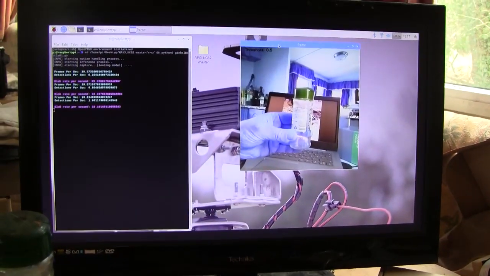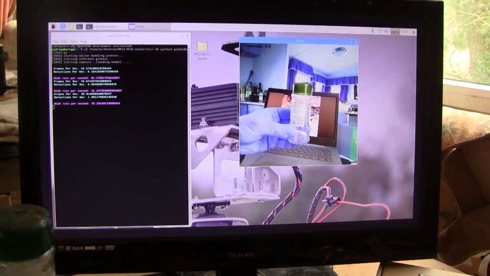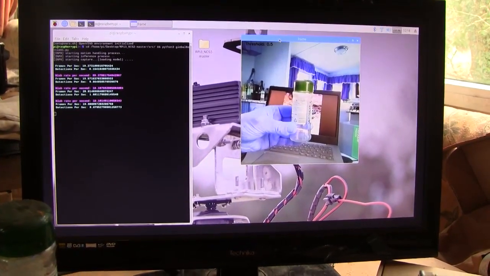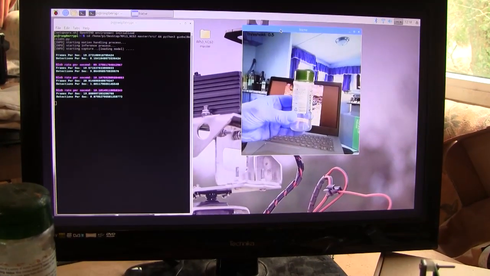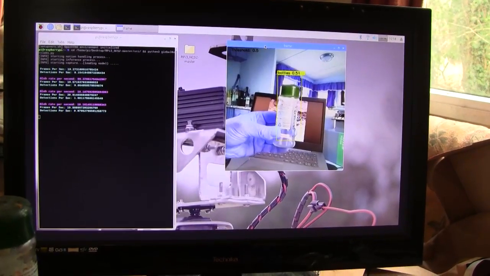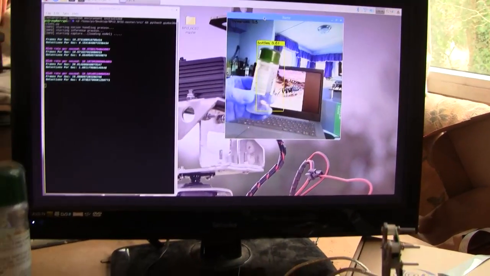So I've now uploaded this Python script for the proper mobile SSD datasets, and one of the objects included in the dataset is a bottle. So I've got a bottle in my hand here, and you can see it on the screen there, and hopefully if I move it, the camera will track the bottle around.